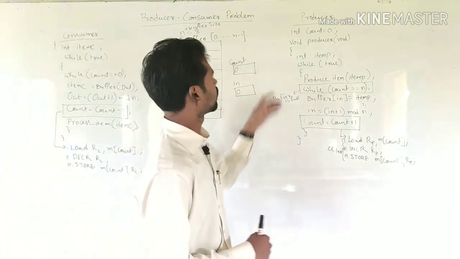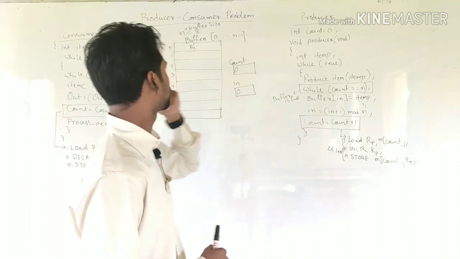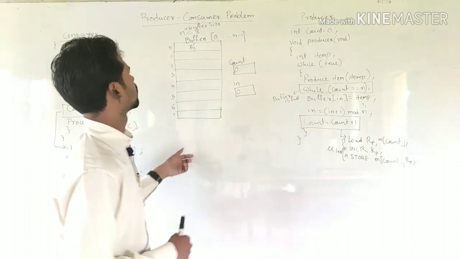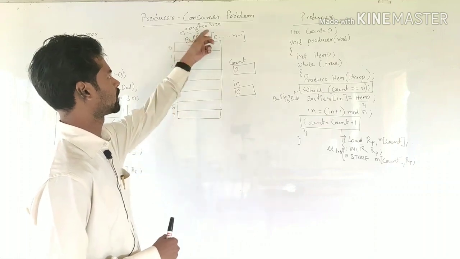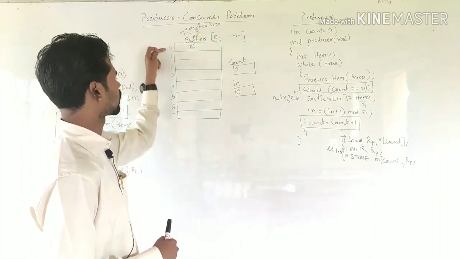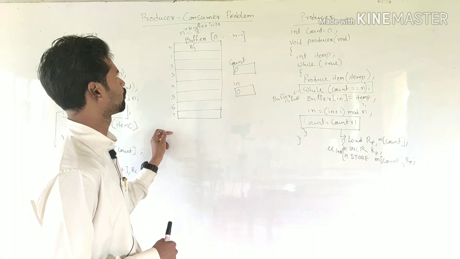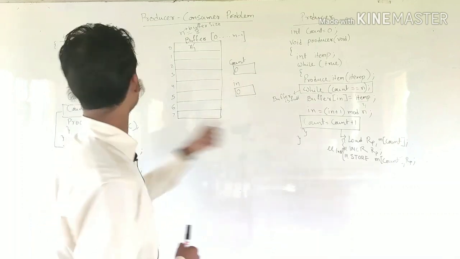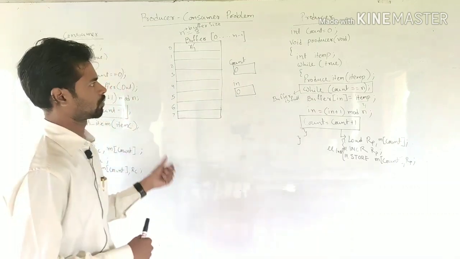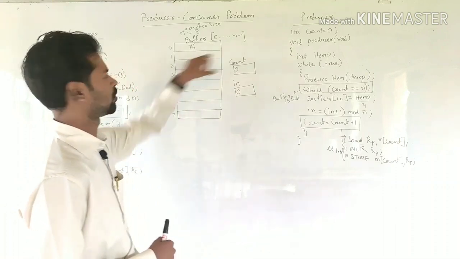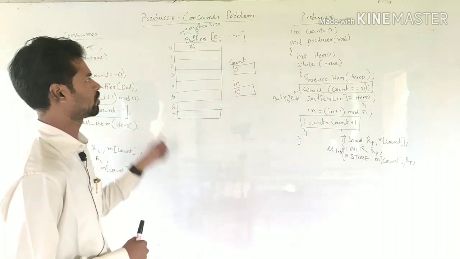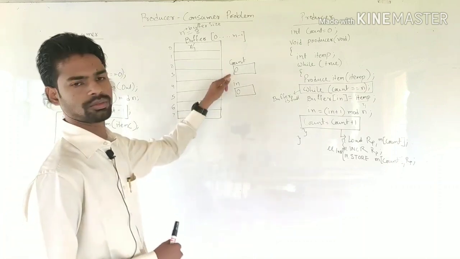So this is the code for producer and this is the code for consumer. For this buffer, n is the buffer size, that is 8. Index started from 0 to 7. Two processes, producer and consumer, both share the same buffer and also share the count variable.